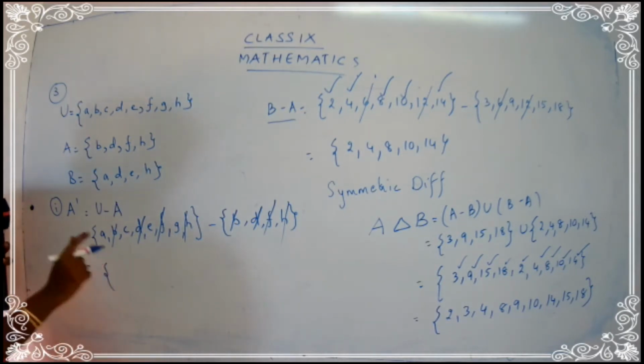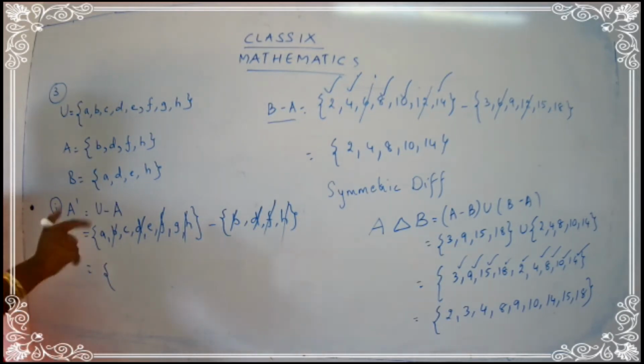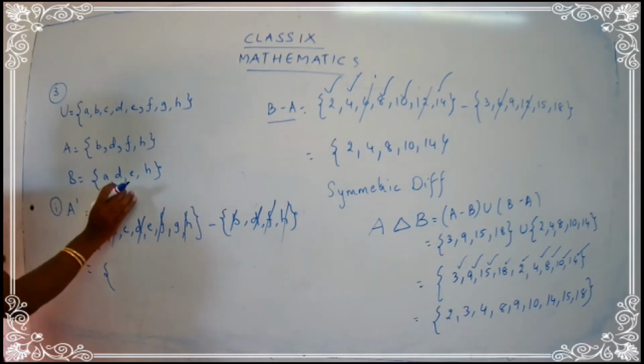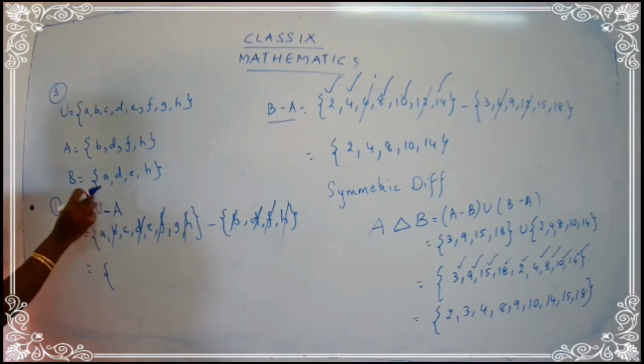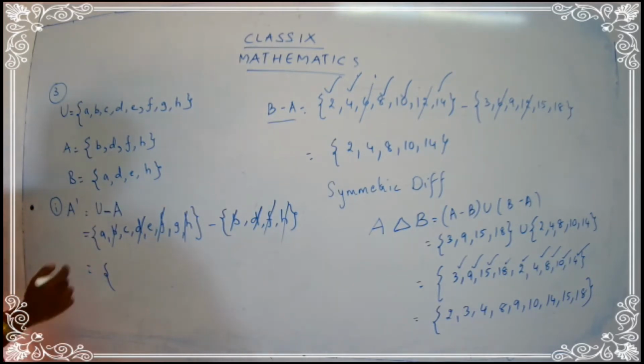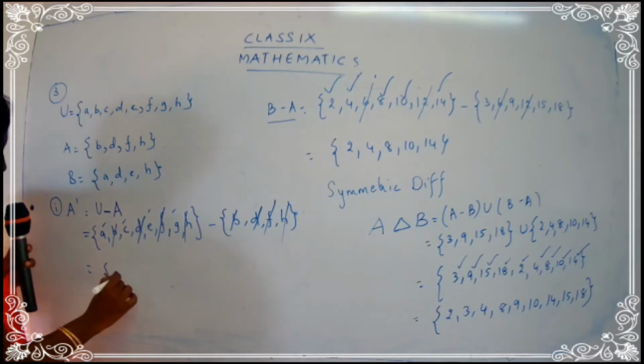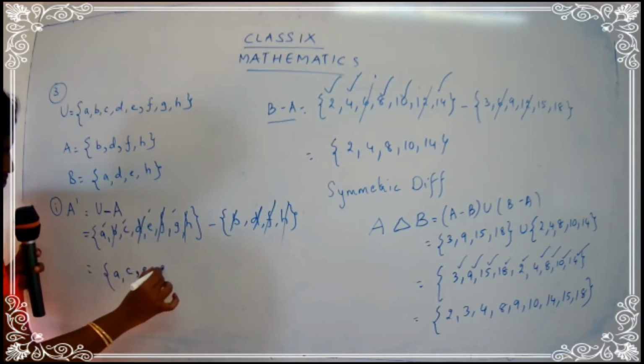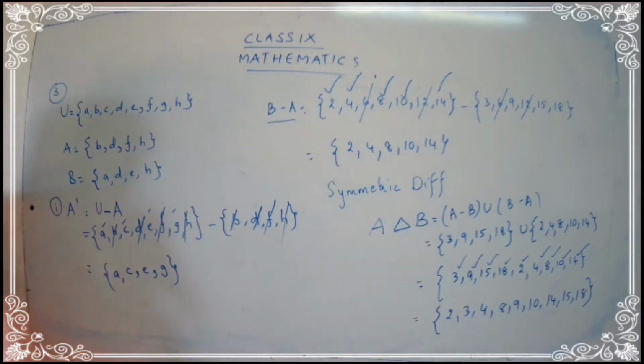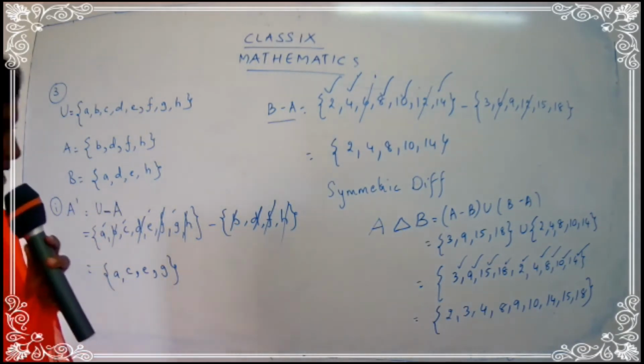I want the members of U. I don't want the members of A. U minus A, I don't want A, I want U. So what are the members left out? A, C, E, G. So this is your answer for A dash: A, C, E, G.